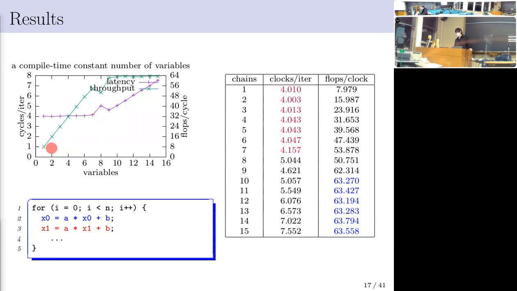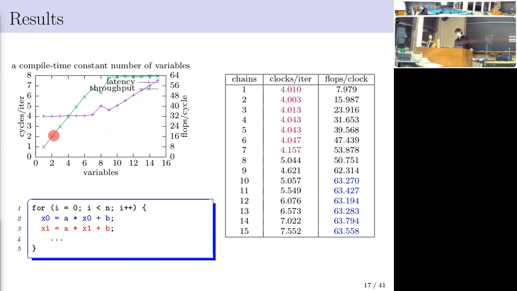In other words, in terms of throughput, which is the number of FMAs you can perform in a single cycle, it almost linearly increases. You almost linearly increase the amount of work you are doing within a single iteration, but the number of cycles a single iteration takes stays constant.